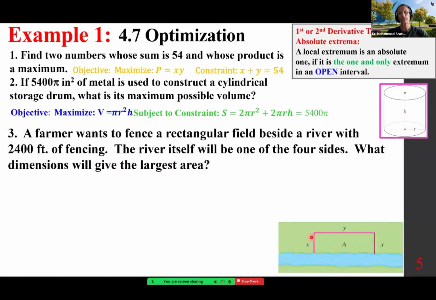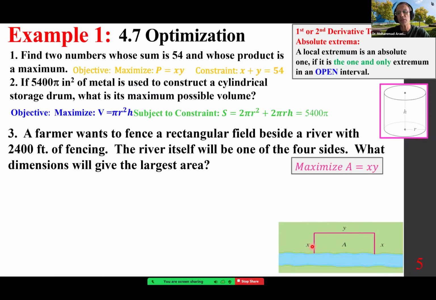Over here, you want the largest area. You can't say you want to maximize the area, x times y, without showing which one is x and which one is y. So you want to maximize the area, which is x times y, subject to 2400 feet of fencing.